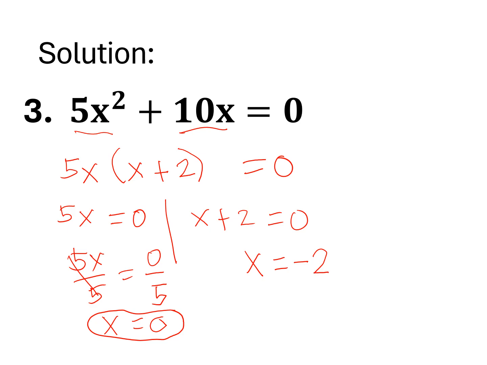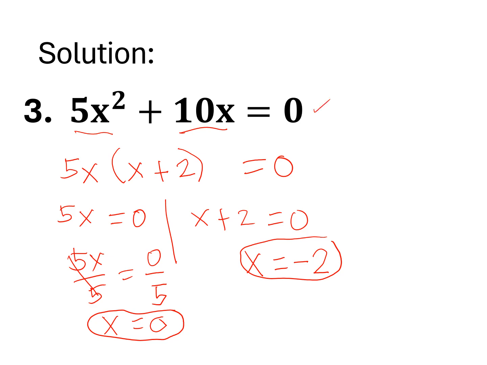Negative 2. Okay, now the last step, we're going to check if x is 0. So 0 times 0. Then multiply it by 5, so the result is still 0. Then 10 times 0, that is 0. So 0 plus 0 is equal to 0. So x equals 0 is the solution of this quadratic equation.